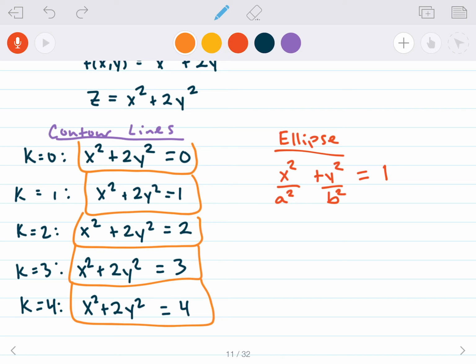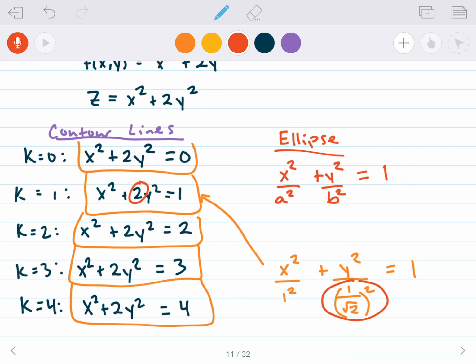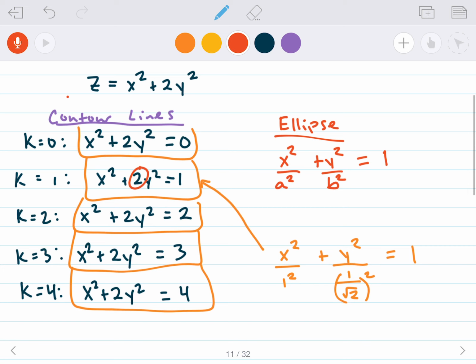In particular, if we look at the contour line when k equals 1, what we have to start with is x squared over 1 squared plus y squared over 1 over root 2 squared equals 1, right? Because the 2 up top can simply be written as 1 over square root of 2 squared on bottom. If I square this, I get 1 over the square root of 2 squared, which is just 2.